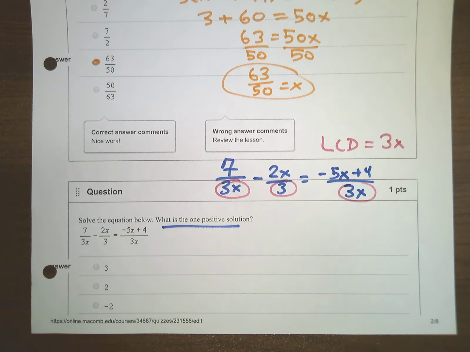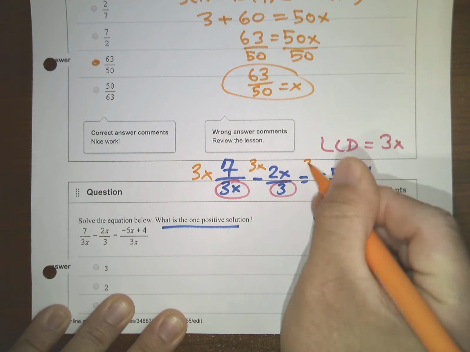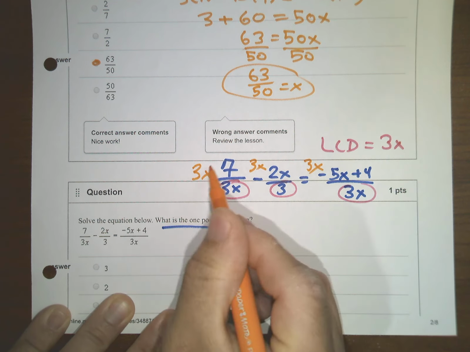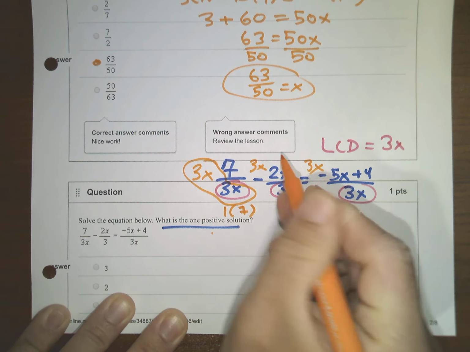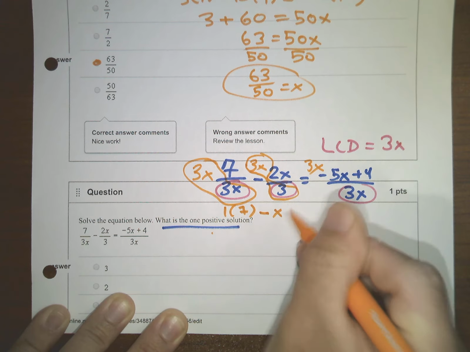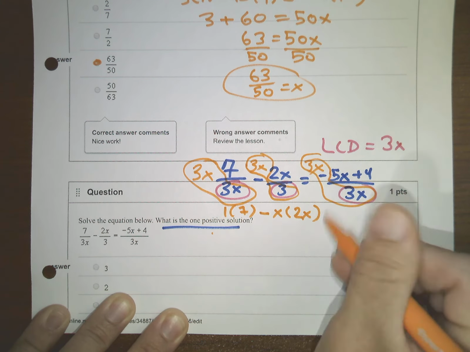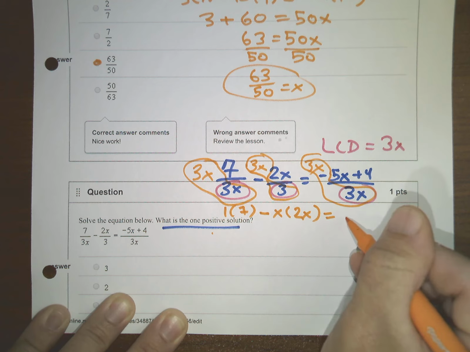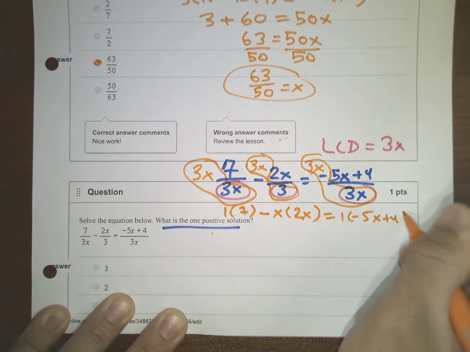So I will multiply every term here by 3x. So 3x, 3x, 3x. So 3x divided by 3x is 1, so 1 times 7. 3x divided by 3 is just x, so minus x times 2x. And then 3x divided by 3x is 1, so that's equal to just a 1 times negative 5x plus 4.